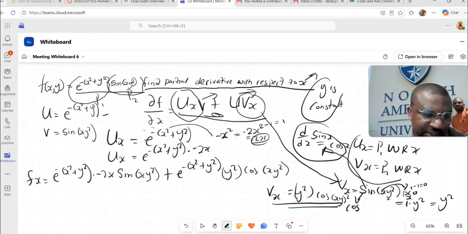When we look at this function, we know there is something that is common here. So we take out the common factor.